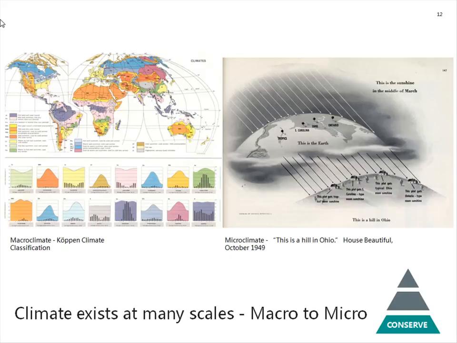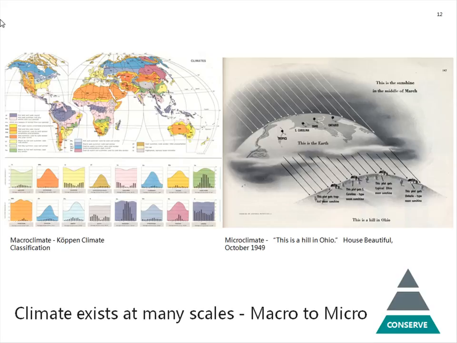Third, moving down, climate exists at many scales. You may be familiar with the idea of a macroclimate, the climate that exists at an international scale. But those types of decisions equally apply to a microclimate, to the scale of a specific site.